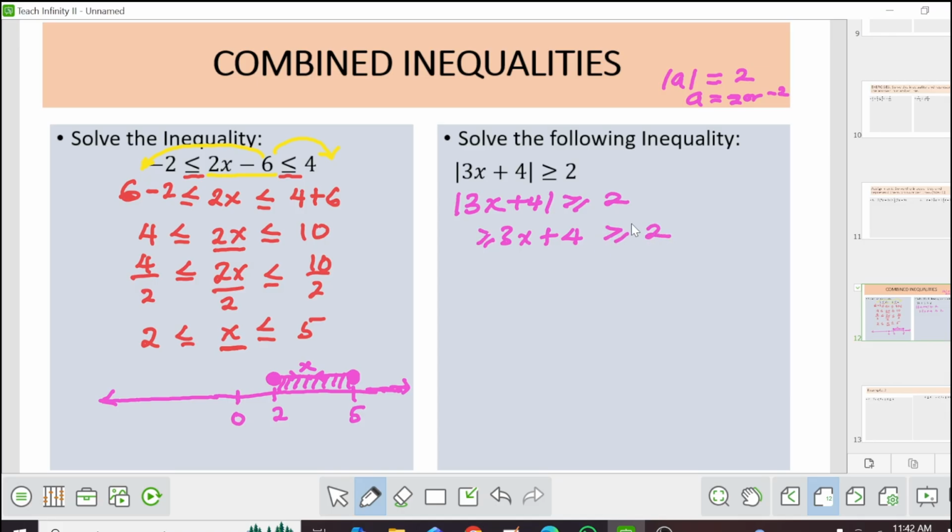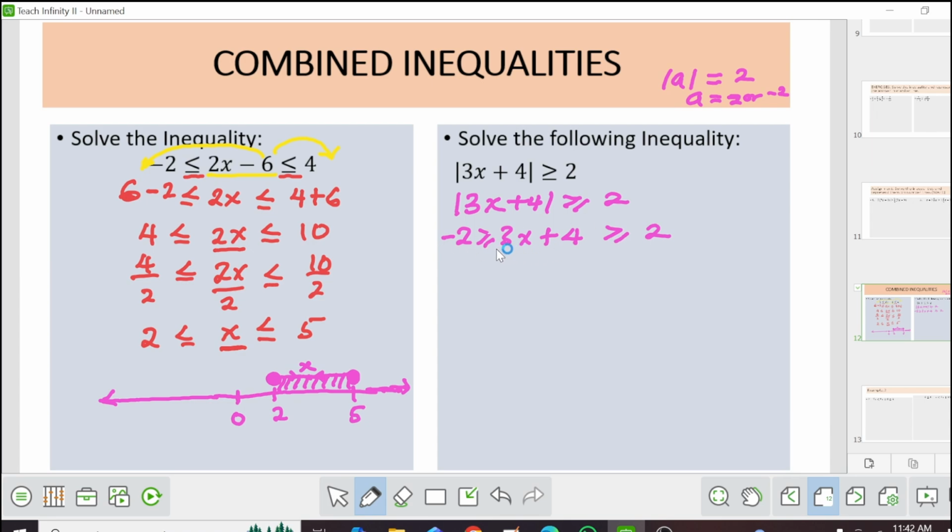Don't change the orientation of the inequality. Just put minus 2 at the other side.